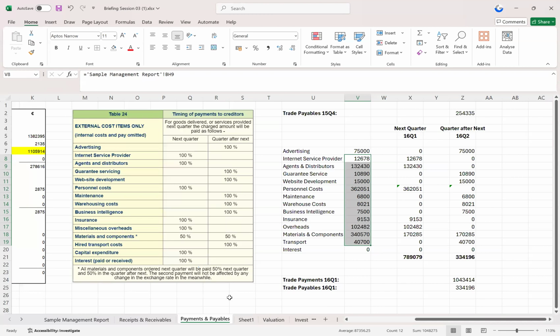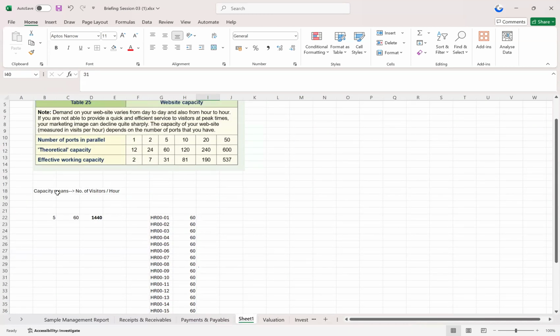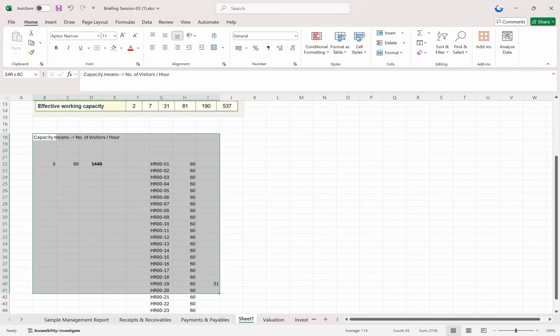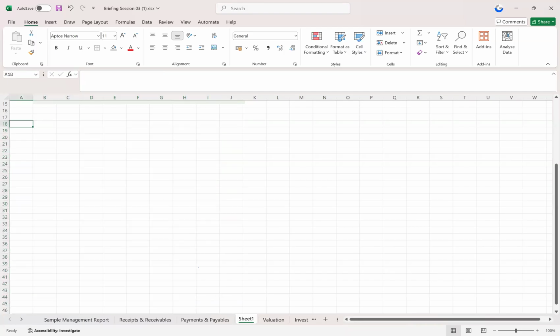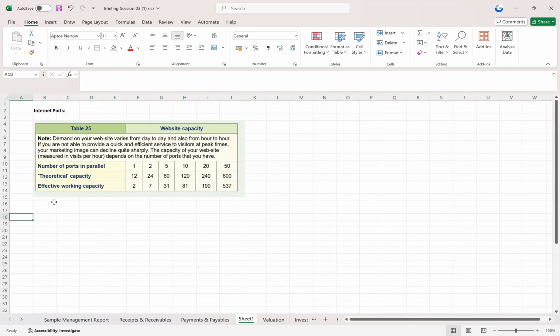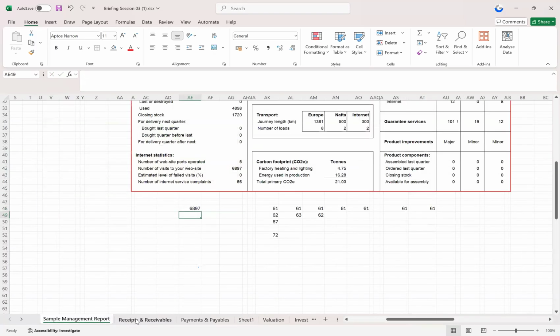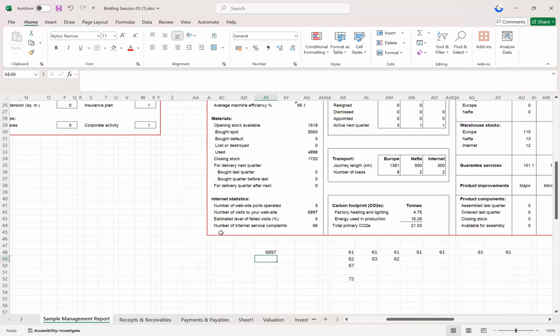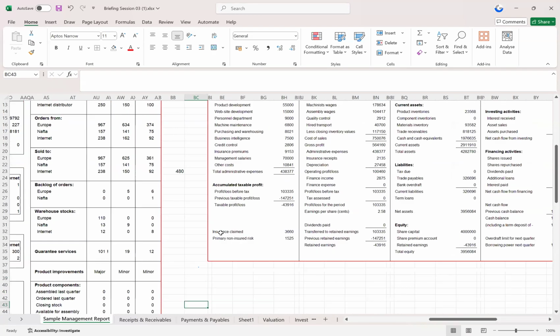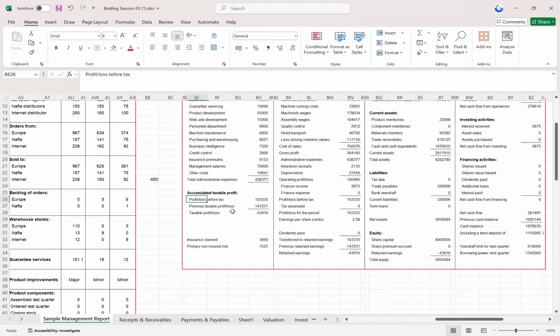Okay, if internet ports is clear now, the next one was taxes. Taxes is very simple. If I go to your financial statements, your profit for a year is getting accumulated over here.